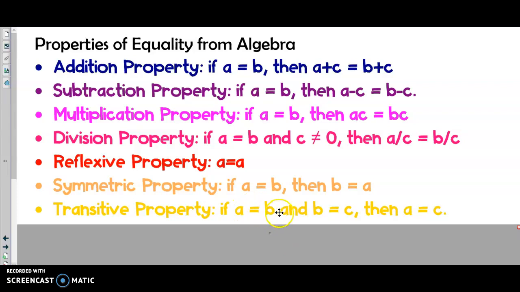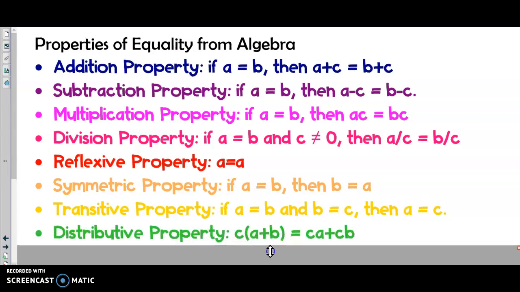The transitive property is one of my favorites personally. It says if A equals B and B is C, then A equals C. So we have this cutting out of the middle piece, right, which is a concept that we saw with if-then statements previously. So we can take out that middle piece and just go straight to A equals C. That is a specific example of substitution, which we'll talk about momentarily.